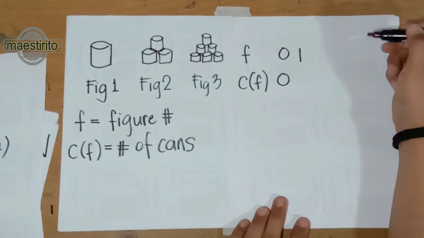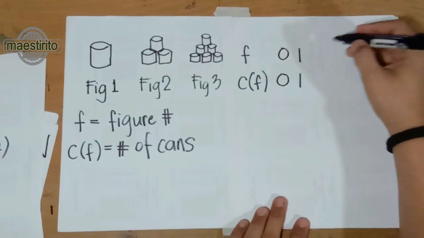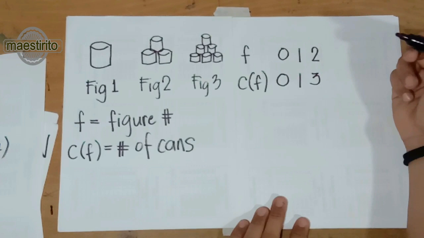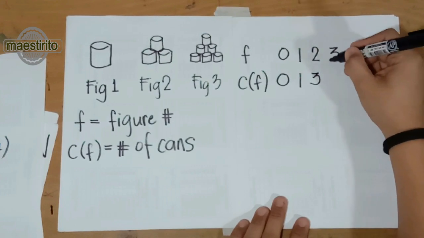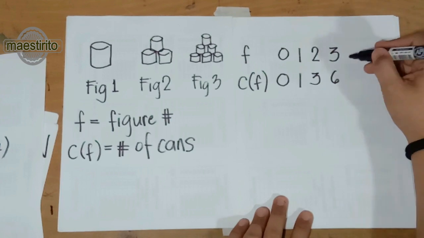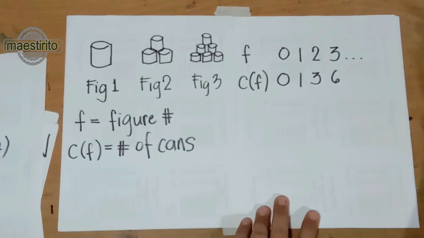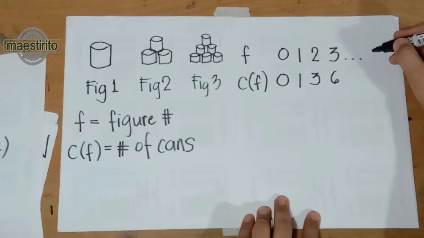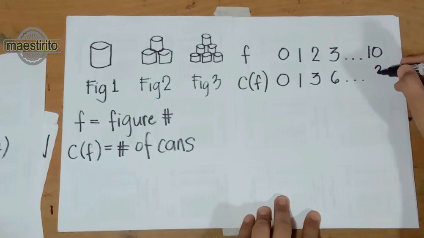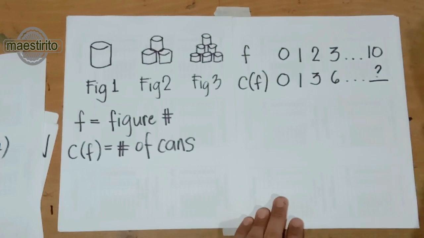For the first figure, you have 1 can. For the second figure, you have 3 cans. For the third figure, you have 6 cans. Okay? And then if you will continue that, how about if I will be asking you, on the 10th figure, how many cans will there be?